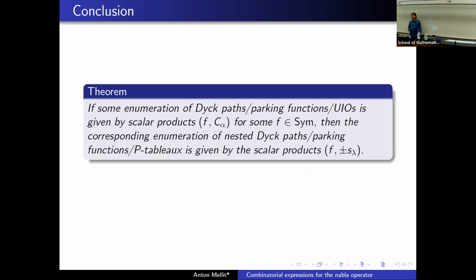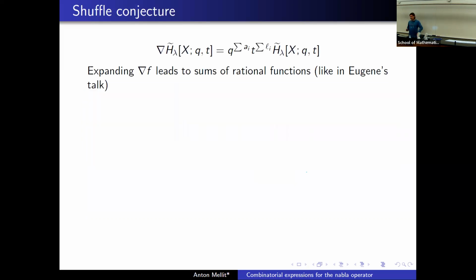Now I will formulate an application and then pass to open problems. So we have this shuffle conjecture. There's this nabla operator, which in the modified Macdonald basis is a diagonal operator, multiplying every Macdonald polynomial by a certain monomial. And you can now apply nabla to some usual symmetric functions like Schur functions or any of your favorite functions.